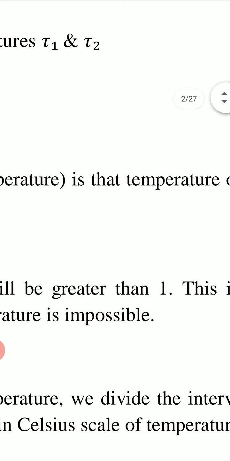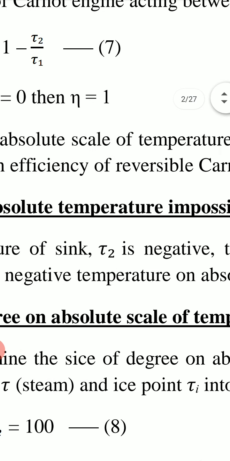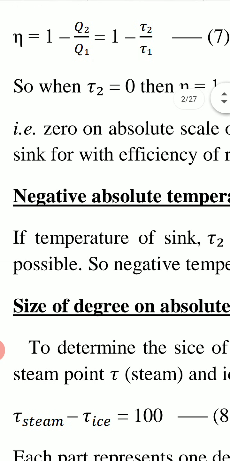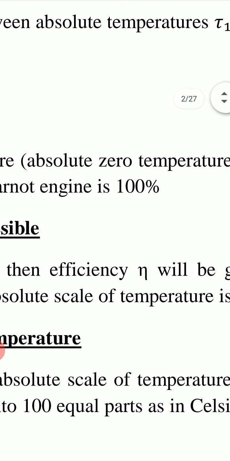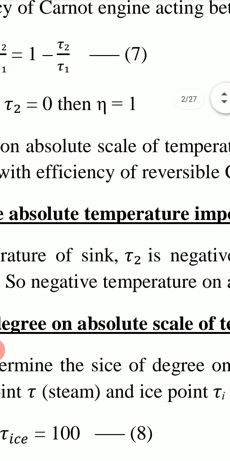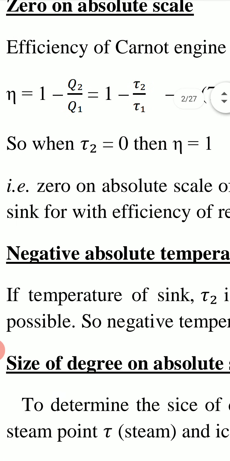It is that temperature of the sink for which the efficiency of a reversible Carnot engine is 100%, that is 1. In this way we can define absolute zero temperature, or 0 on the absolute scale. It is the temperature of the sink tau 2 for which efficiency eta becomes 1.